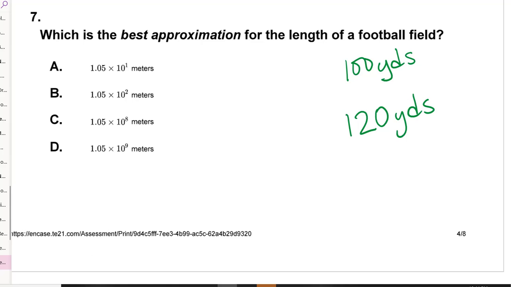So the best approximation for the length of a football field: this one was just 1.05, 1 meter. No, that's a terrible choice. This one, if I move that decimal 2 times, is 105 meters. This would be super gigantic.